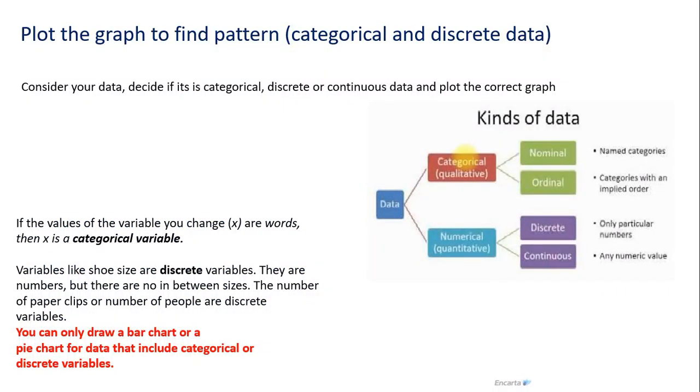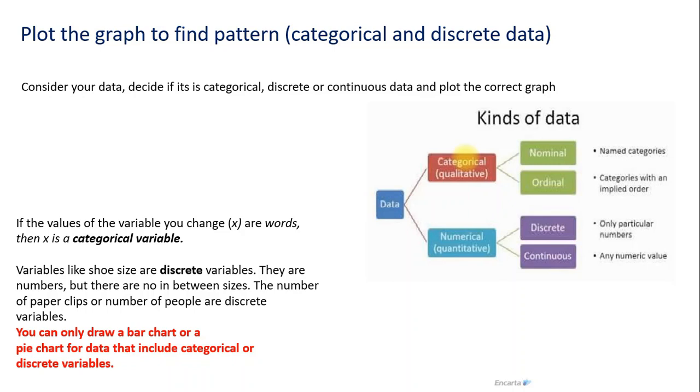Plot the graph to find pattern. After collecting your data, we need to plot a graph or analyze the data graphically before we can make a good conclusion. But before you plot your graph, you need to understand the kind of data you're dealing with.